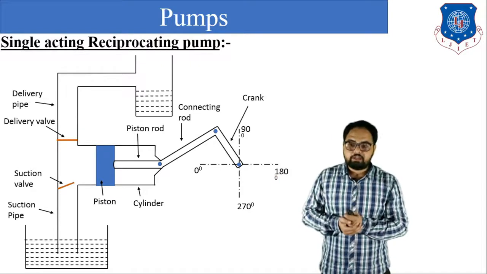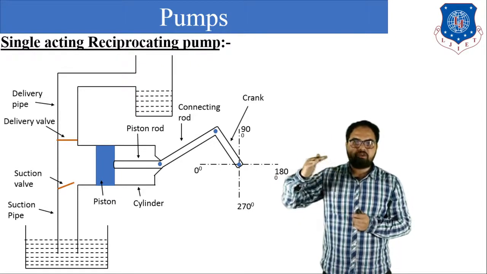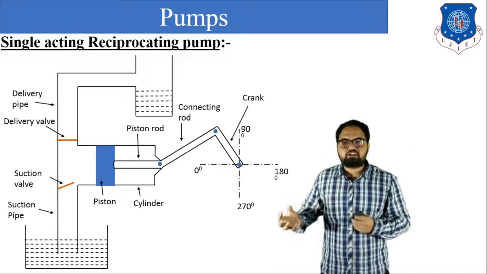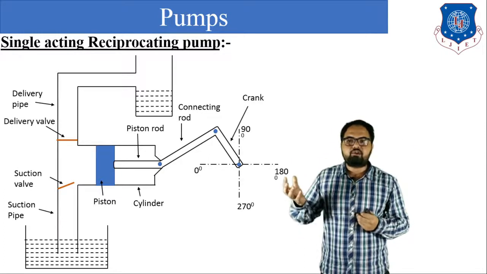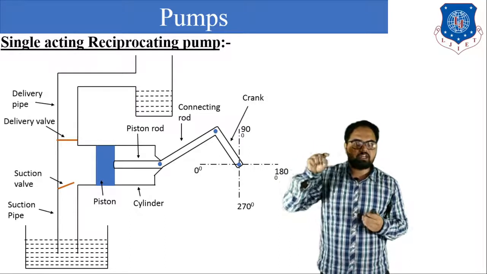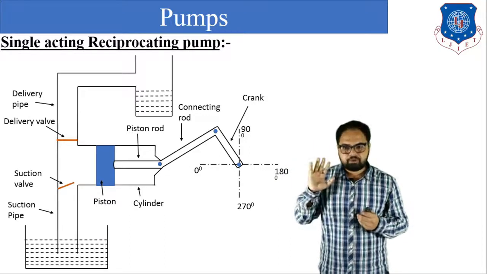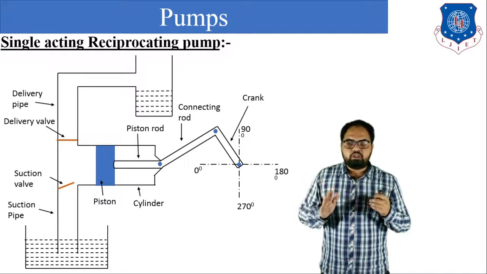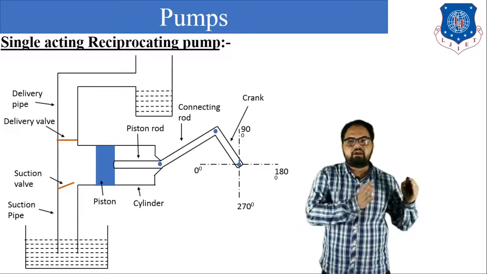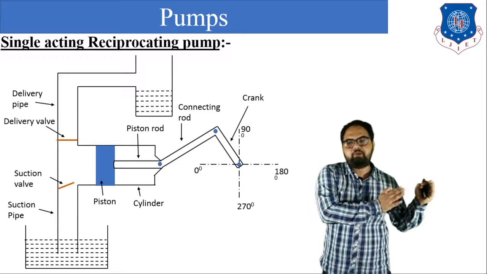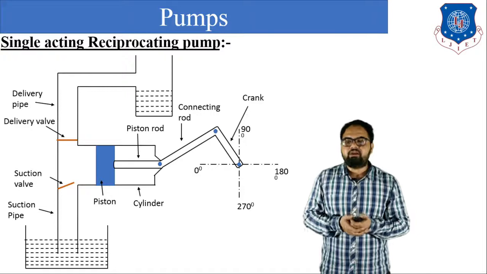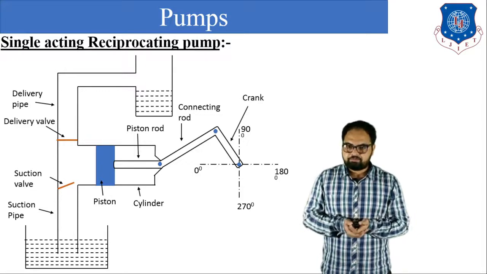Due to that negative pressure, the suction valve will open, the delivery valve will be closed, and suction of liquid takes place from the sump to the cylinder through the suction pipe. At the end of the forward stroke, the piston is at the other end of the cylinder, and the whole cylinder is completely filled with liquid or water.